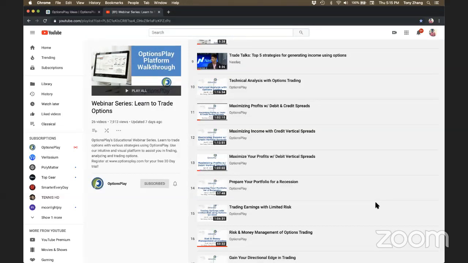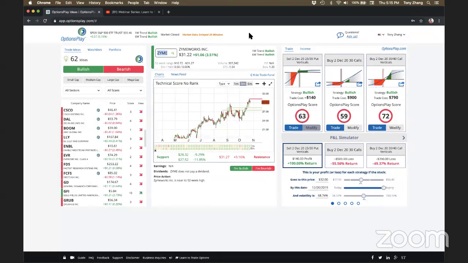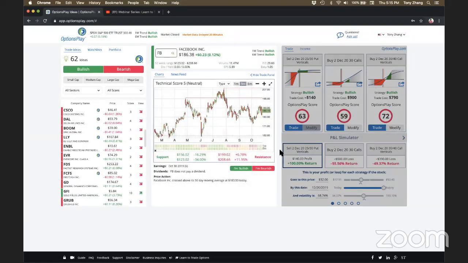John J. is asking, how can you use debit spreads to take advantage of earnings? Well, from my perspective, it doesn't matter whether earnings is coming up or not. You can use debit spreads to take advantage of a directional view. So if you have a directional view and you think a stock's going to make a big move, you can use a debit spread. You can use them regardless of whether earnings is coming up or not, in my opinion.